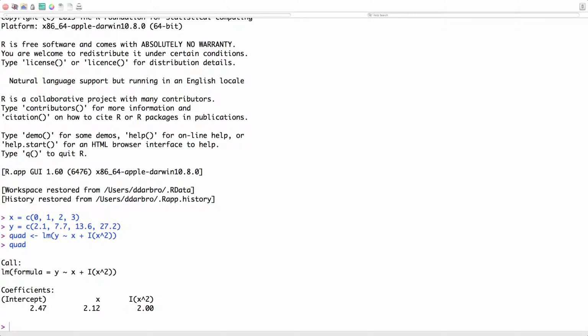Now the next are going to increase by a factor of x sub i.